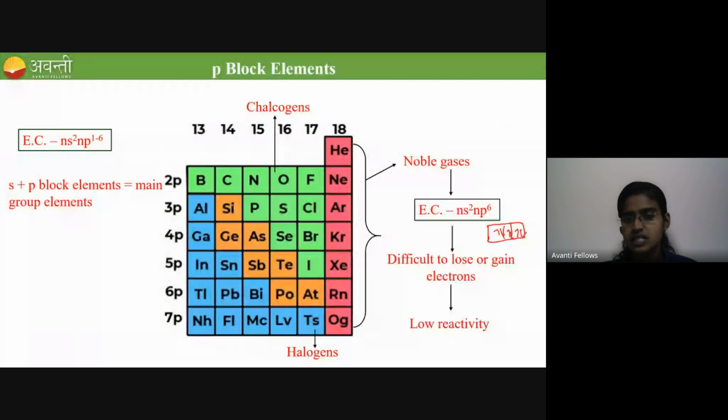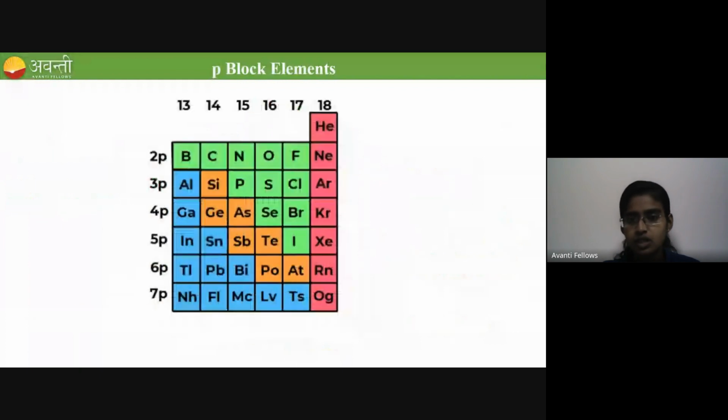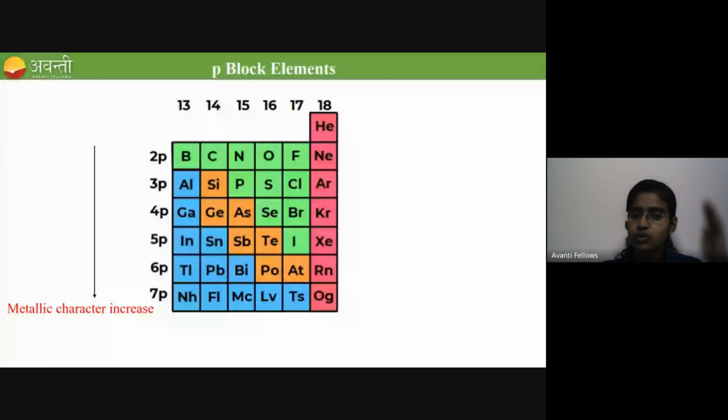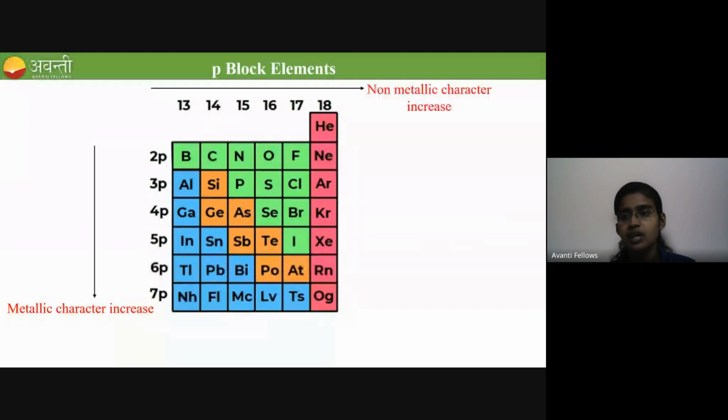Okay. So all the points given in the slides are very important. Now one more thing I'll tell you. Metallic nature, as I already told you, increases on moving down the group, and the non-metallic character increases across the period. On moving down the group, metallic character increases. Across the period, non-metallic character increases.